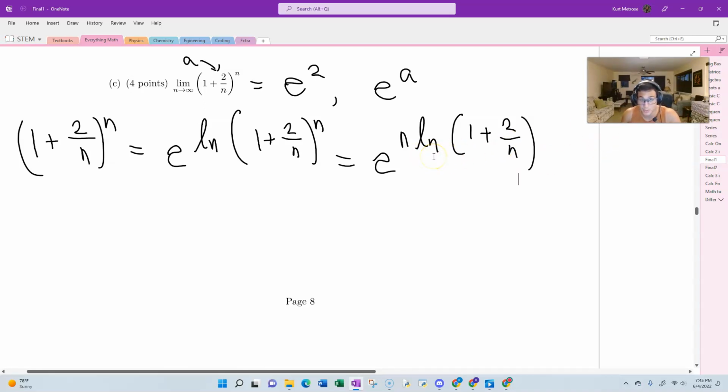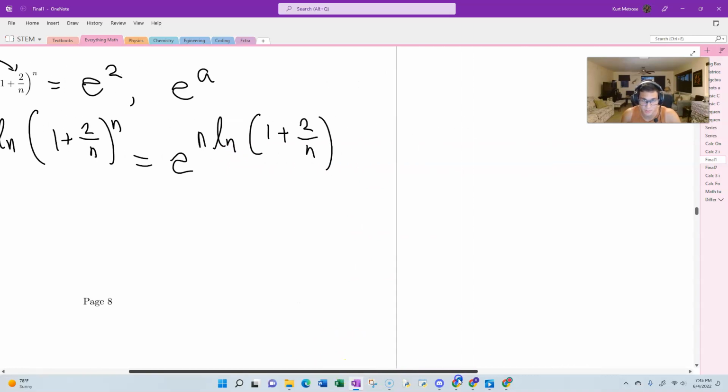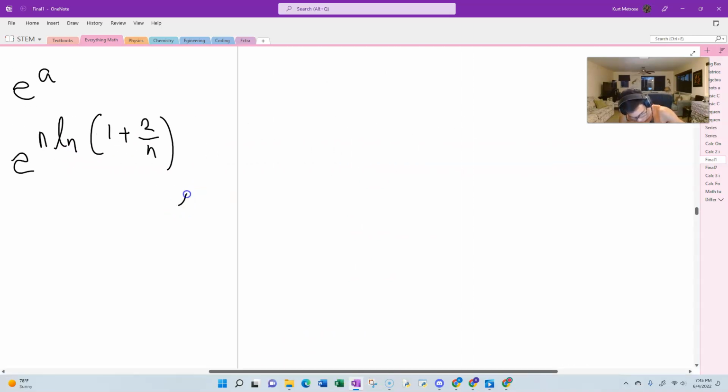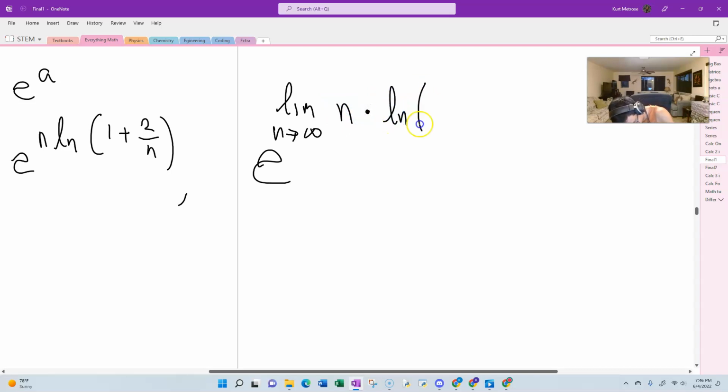Okay. So what this means is now let's just apply that limit here. The limit is n goes to infinity, and we have n ln(1 plus 2/n).